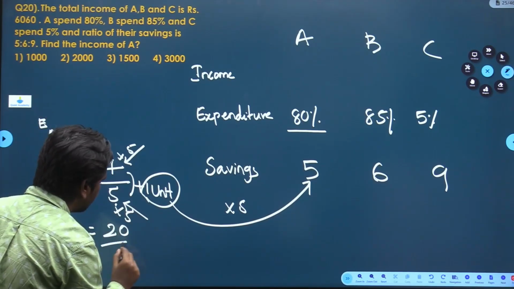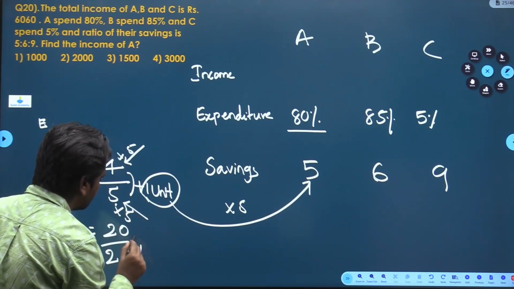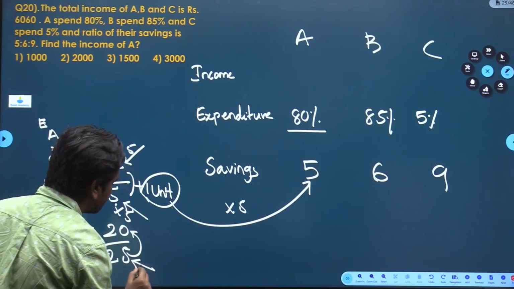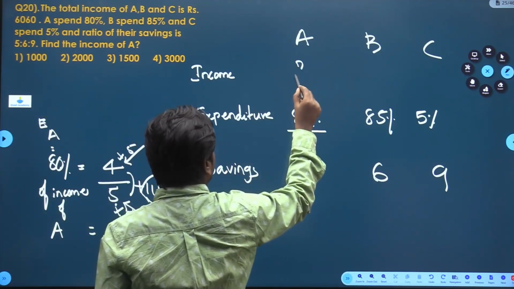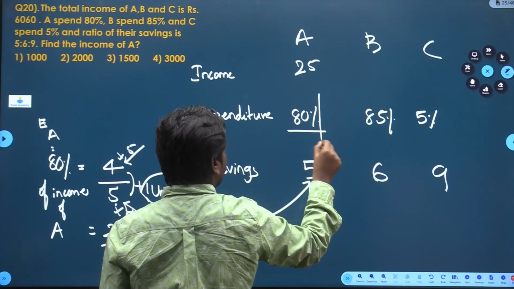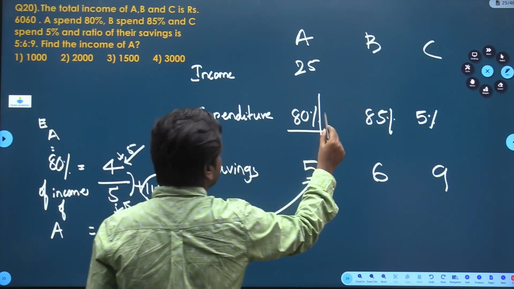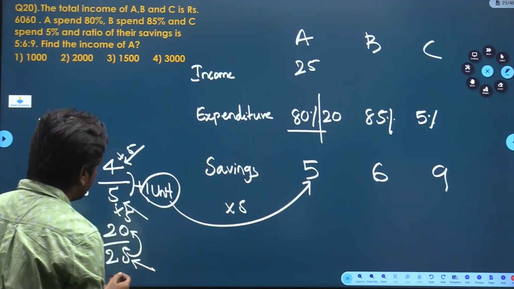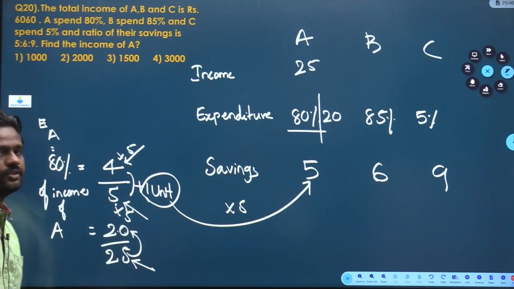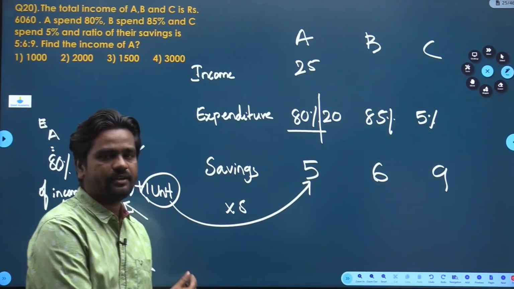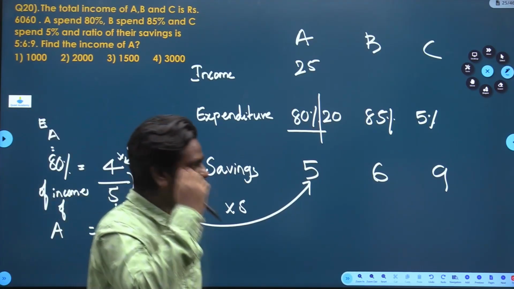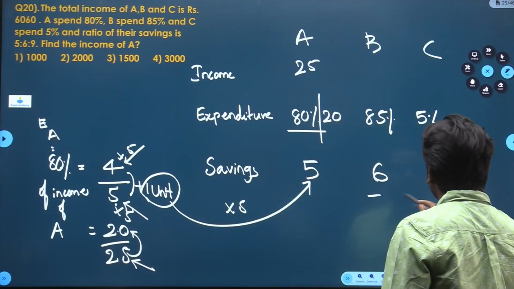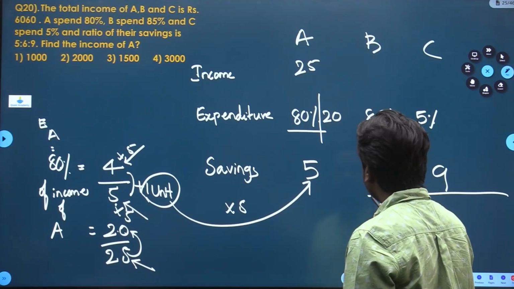What do you get? 20/25. 25 is the income, 20 is the expenditure, and 5 is the savings. See, 25 minus 20 is 5. You got this, right? In the same way we will do this for B.